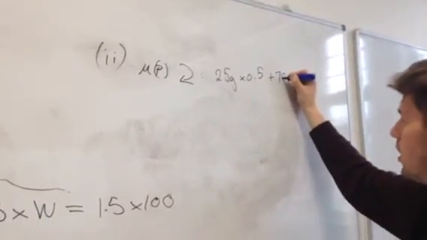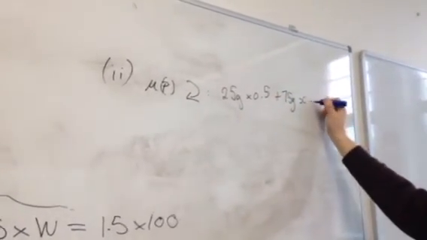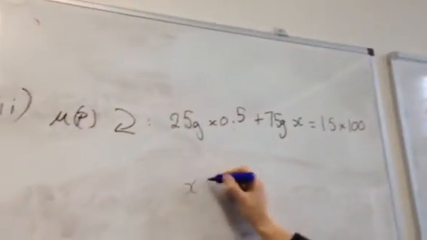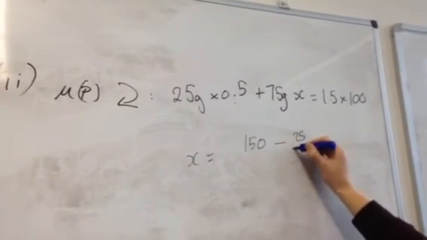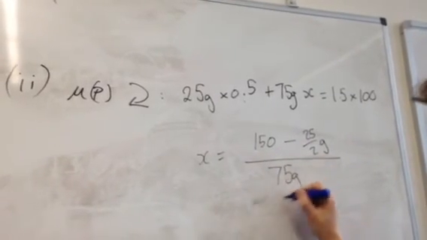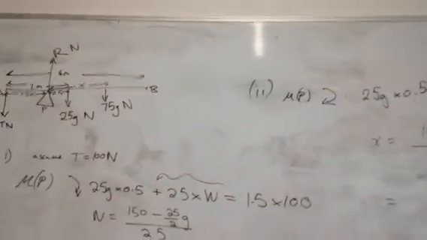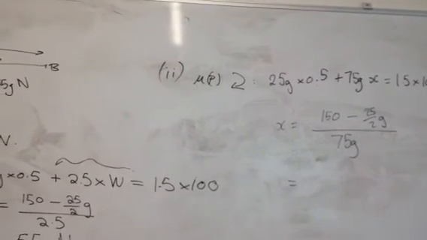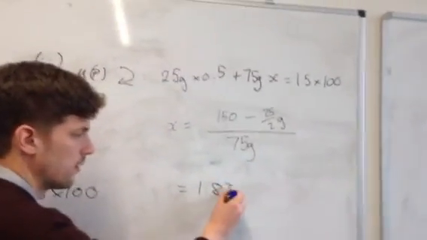Plus 75g times X, the unknown distance that we're trying to find, is equal to 1.5 times 100 again. So X will be equal to 150 minus 25 over 2g, all over 75g. And consulting my calculator, that gives us an answer of 1.83 meters.